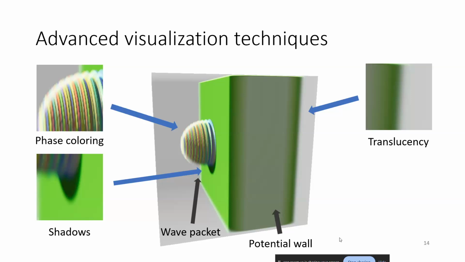So where the potential is low enough, the visualization can be translucent. And I'm talking about this because I think these ideas can be applied generally for data visualization, of course. But I think this is important.